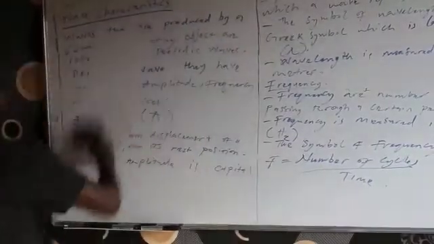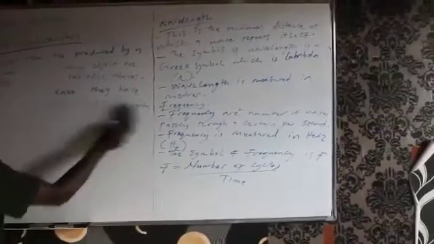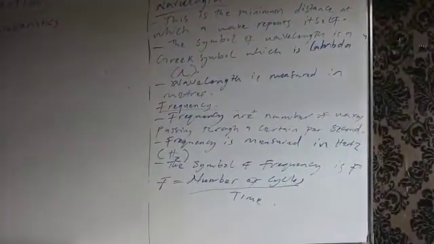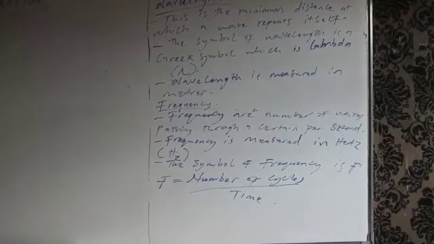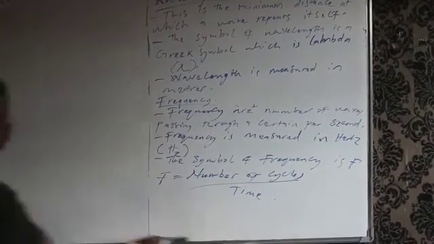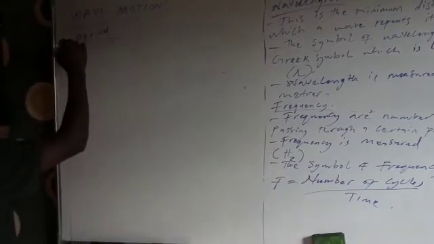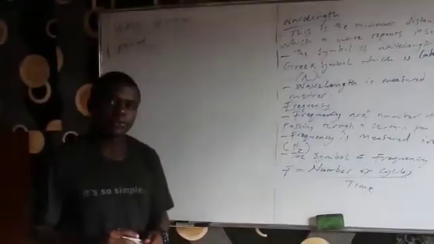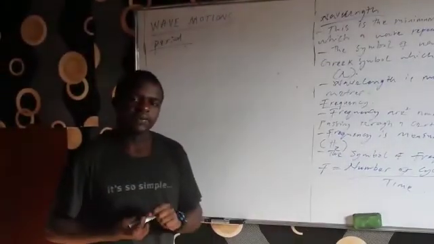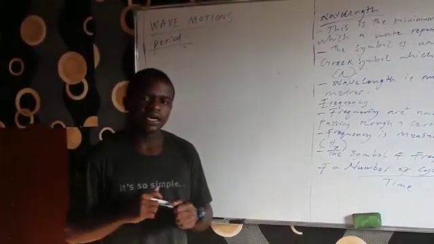We go to period. Period is defined as the time taken to produce one wave, and period is measured in seconds.